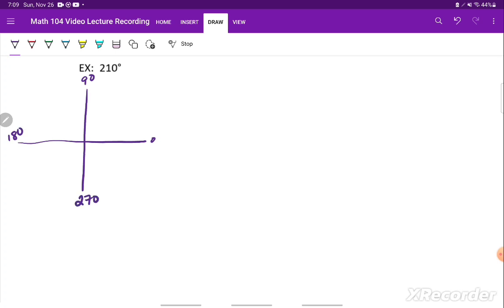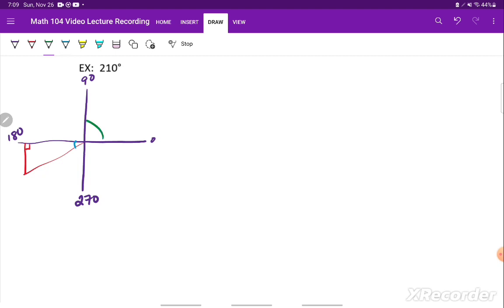Oh, 210 degrees. It's going to fall in quadrant 3. I'm going to drop a perpendicular down to the x-axis, and now we need to figure out what this angle right here is.